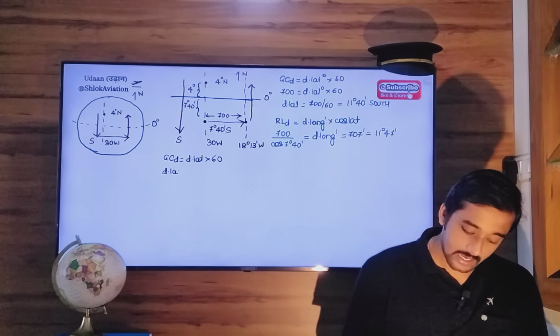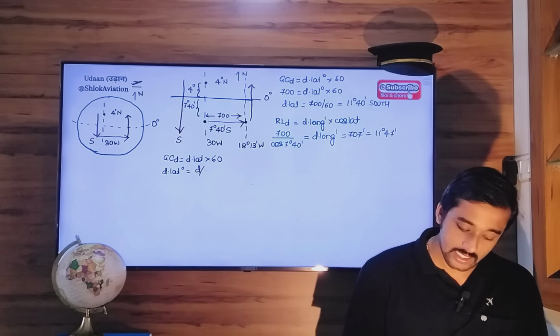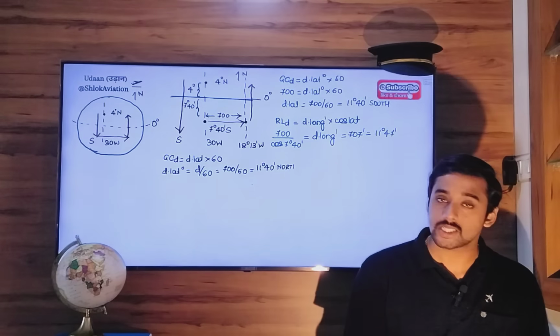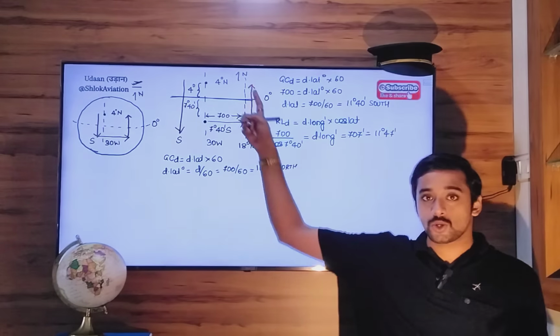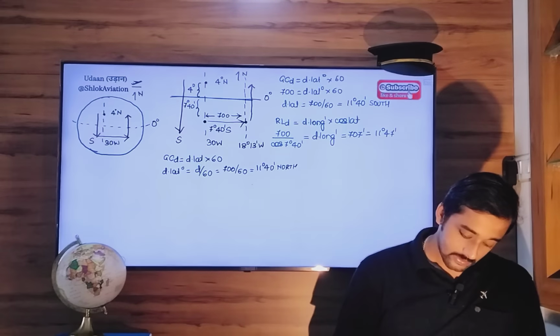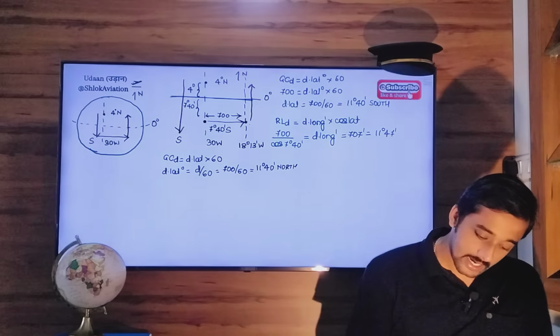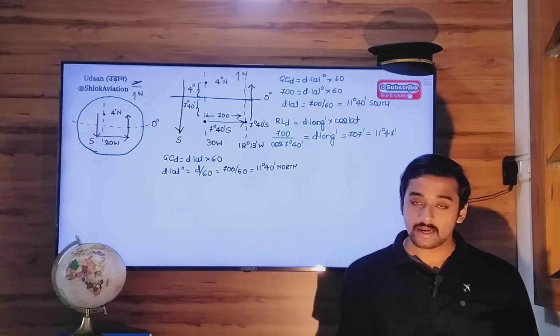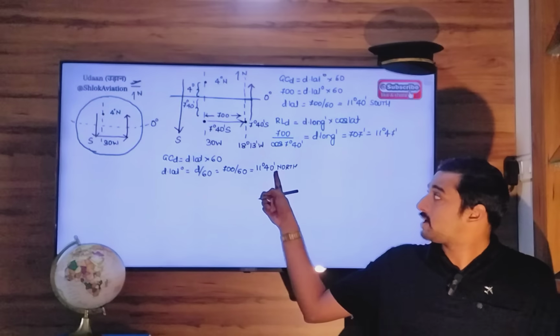So d lat in degrees will be equal to your distance by 60. 700 by 60 is 11 degree 40 minutes towards north direction. So your new latitude will be from this old latitude of 7 degree 40 minutes south, and the difference is 11 degree 40 minutes.